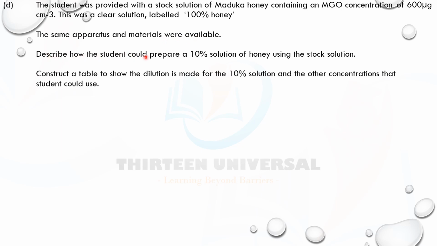Describe how the student could prepare 100% solution of honey using the stock solution. Construct a table. These are two questions. One, describe how this will be prepared from stock. The second one, construct a table to show the dilution is made for 100% solution and the other concentrations that student could use.